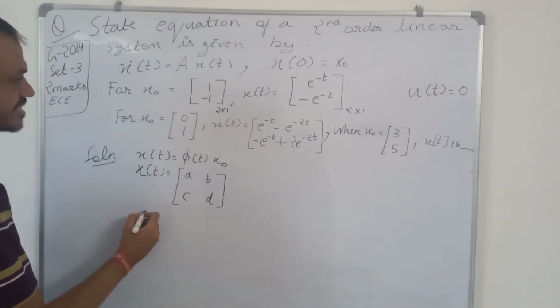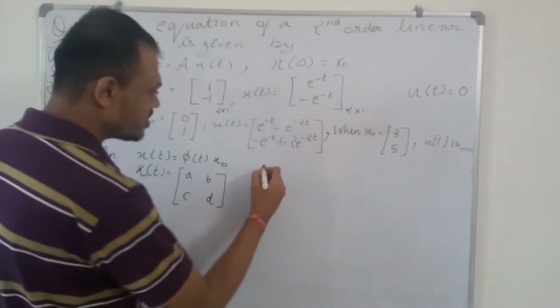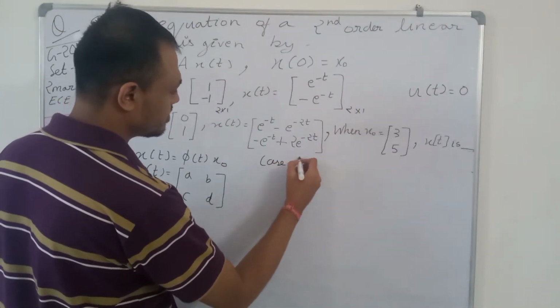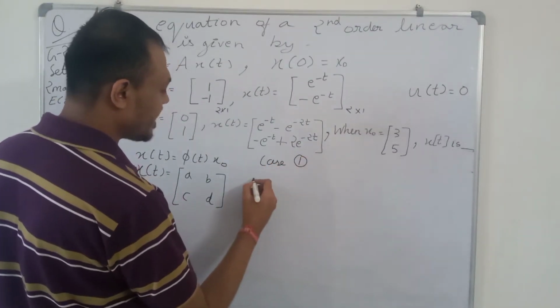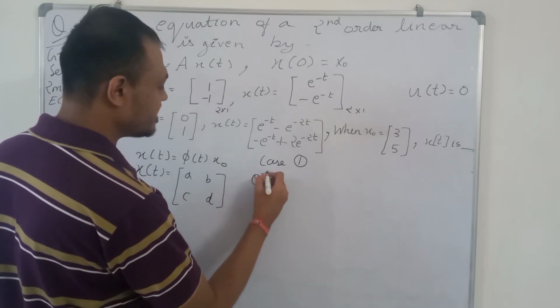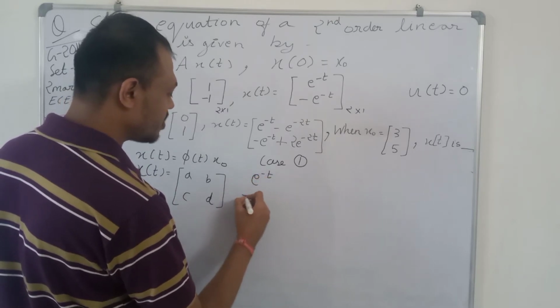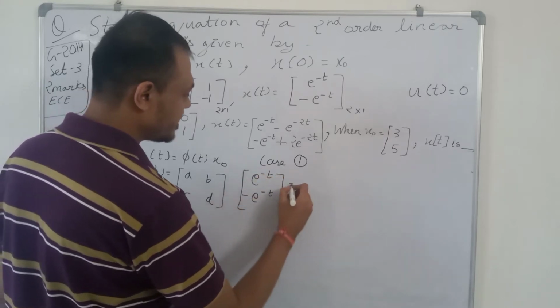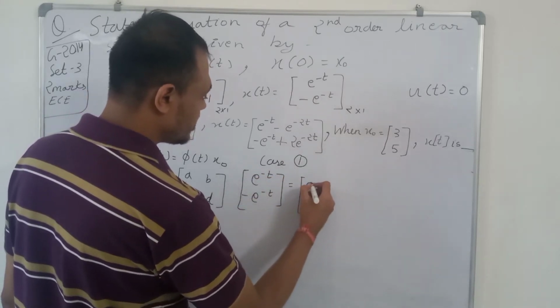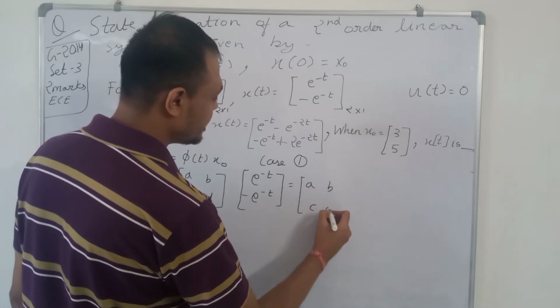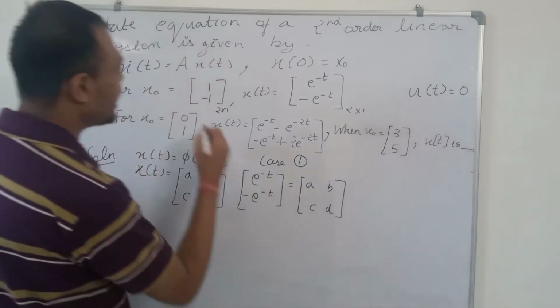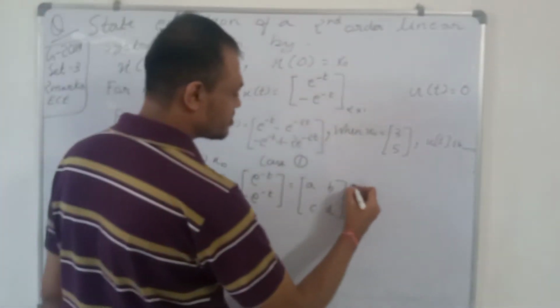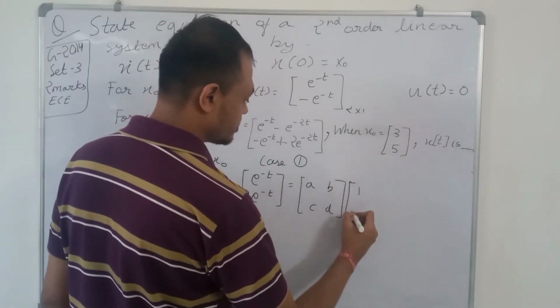In the first case, x of t is e to the power minus t and minus e to the power minus t, equal to a b c d times x of 0, which is 1 and minus 1.